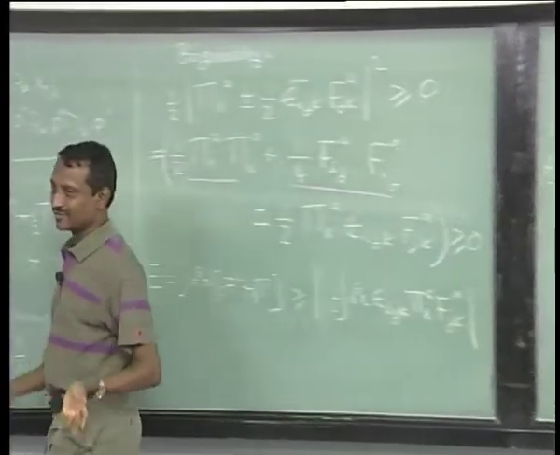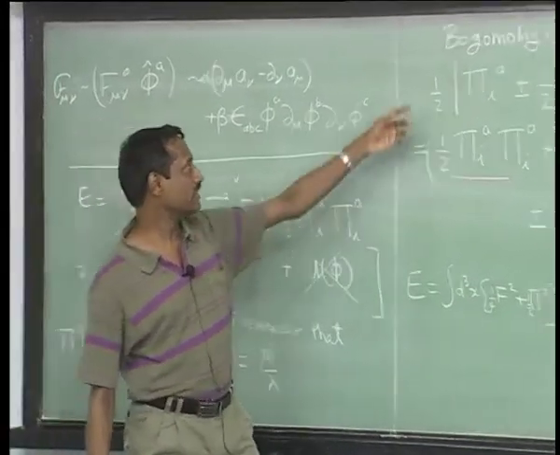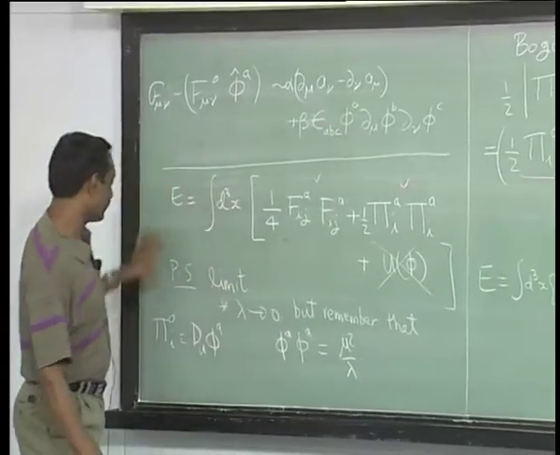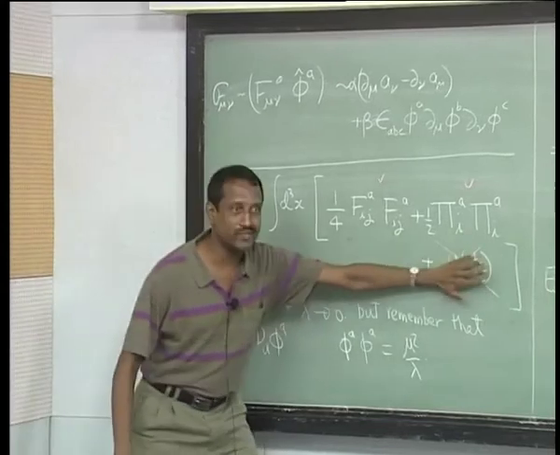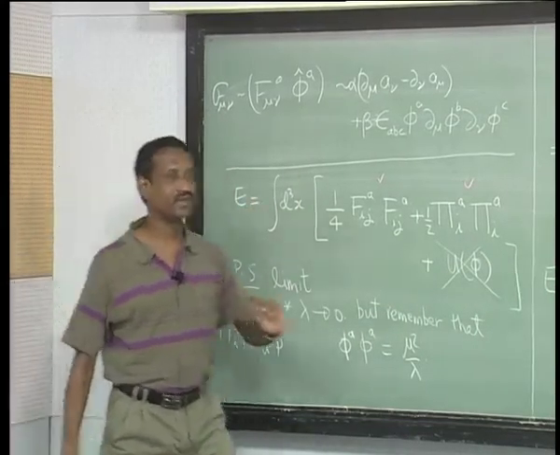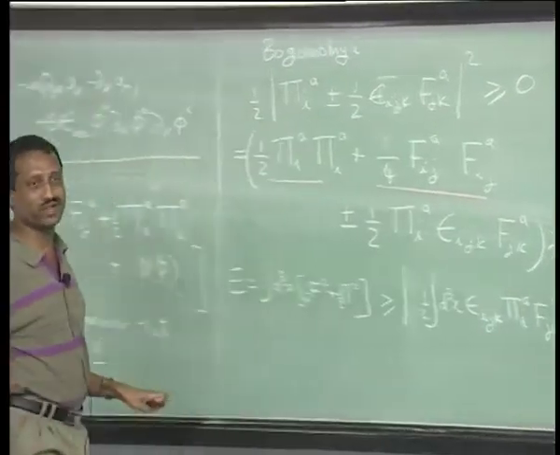So the idea of getting rid of the potential is due to Prasad and Sommerfeld, and this squaring trick is due to Bogomolny, and it fits together.